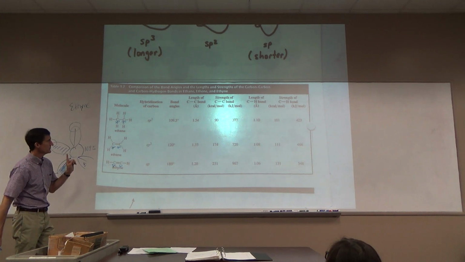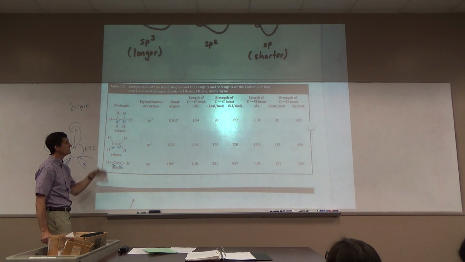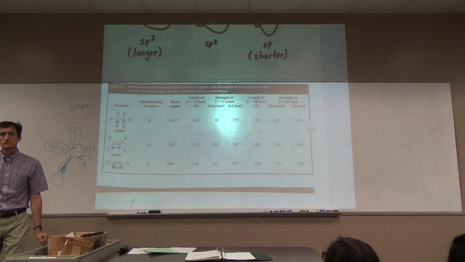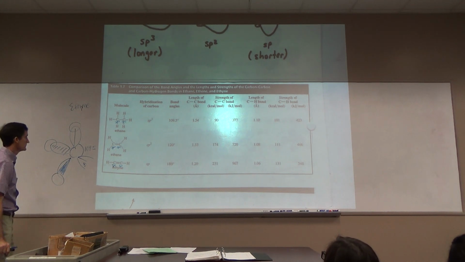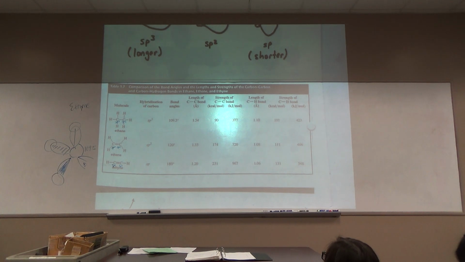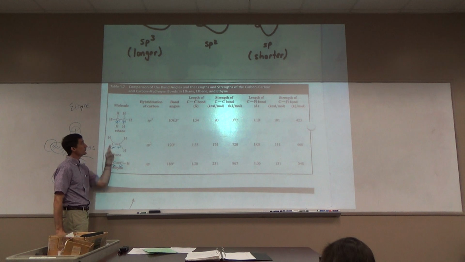Let's just talk about the sigma bond, which I don't think is really listed here. Which one has the strongest sigma bond? sp. The sigma bond is made using your hybrids. This one, because it's 50% s, versus 25% s.